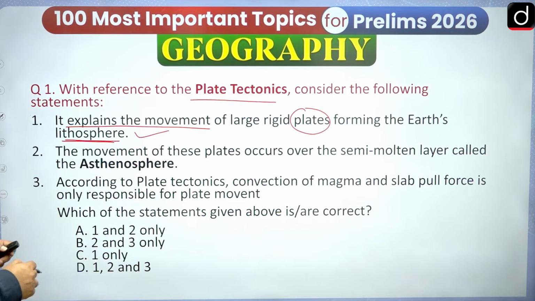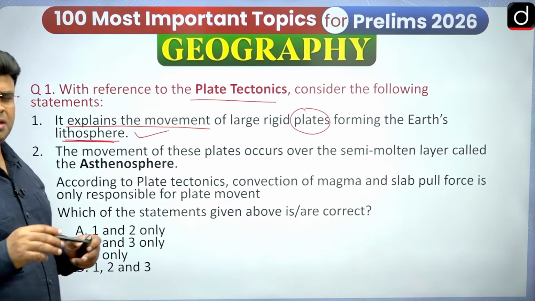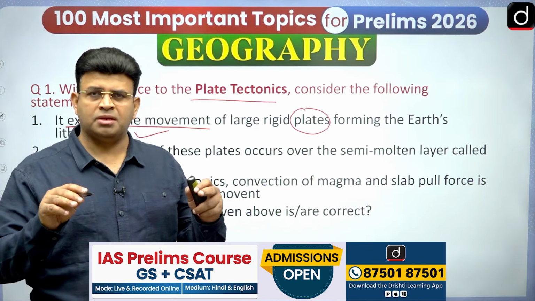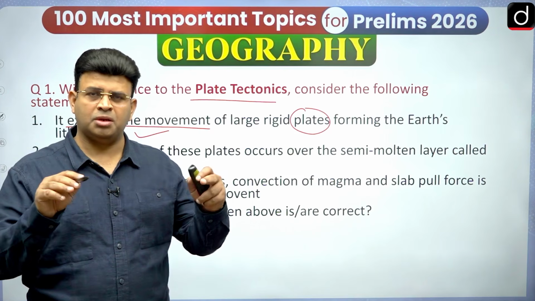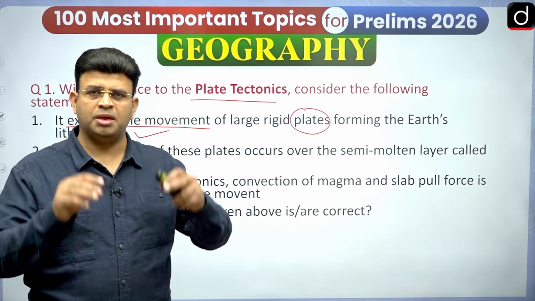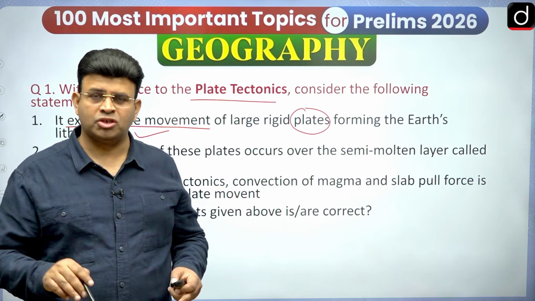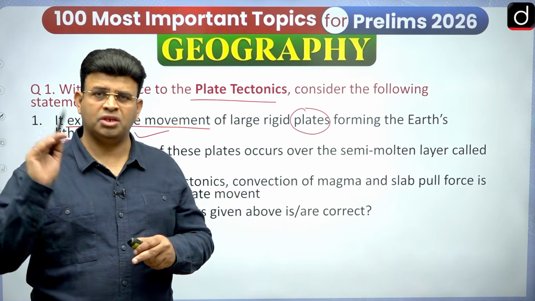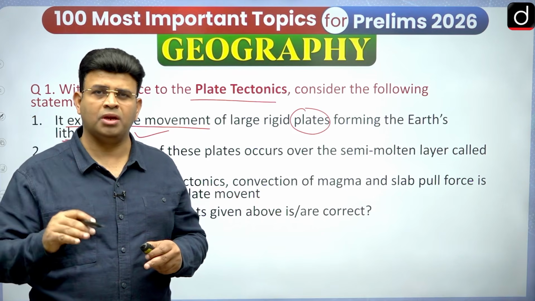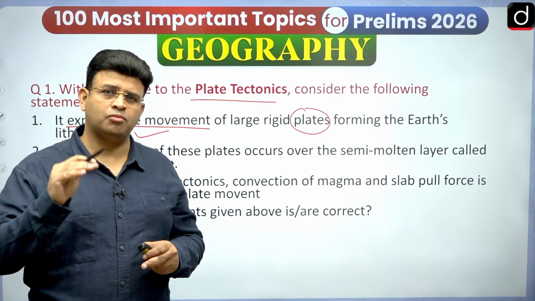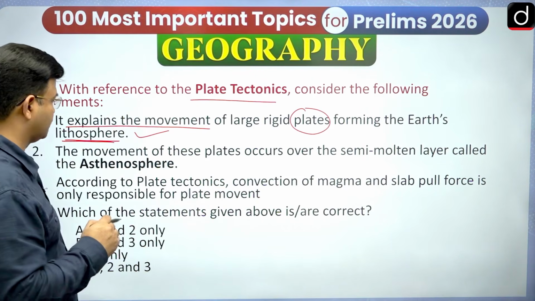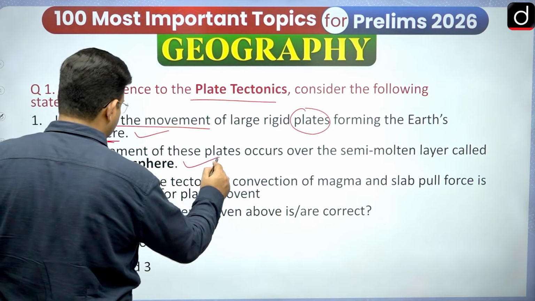The movement of these plates occurs over the semi-molten layer called the asthenosphere. Yes, these continental or oceanic tectonic plates are floating over the semi-molten asthenosphere, the way a ship moves over the ocean. So this statement is also correct.